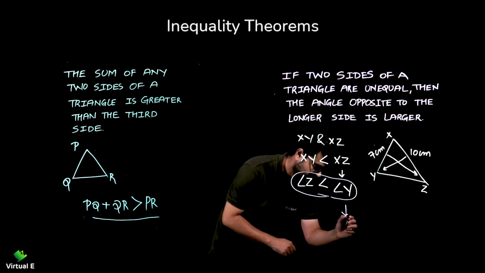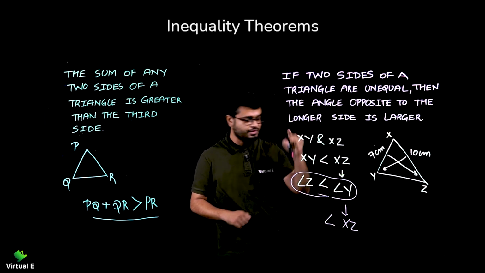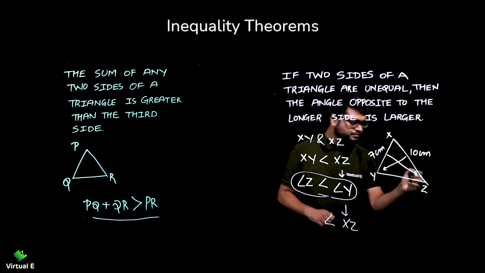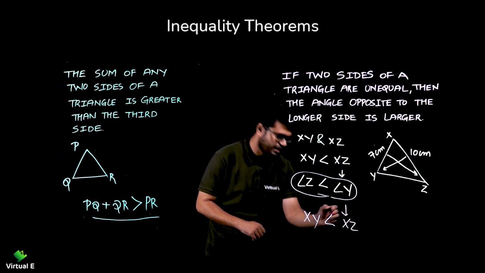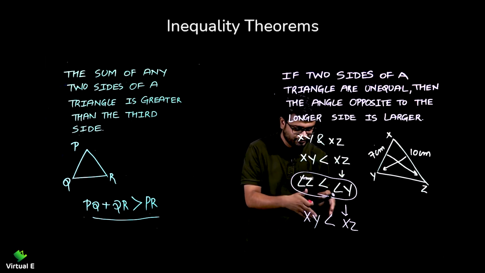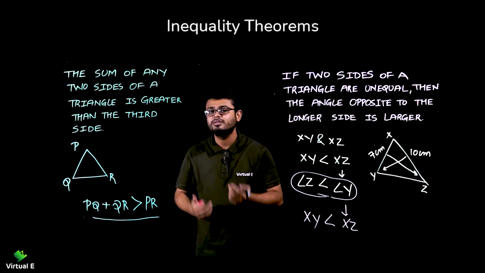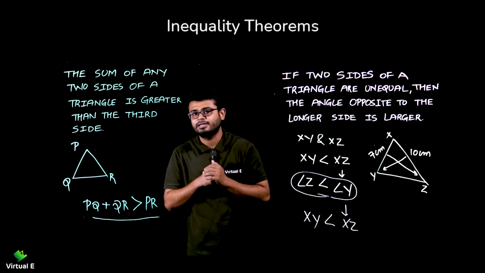That is XZ. That will be greater because angle Y is greater. For angle Z, the opposite side is XY. So XY less than XZ. This is where we started from, and this is what we get again if we follow the reverse way.